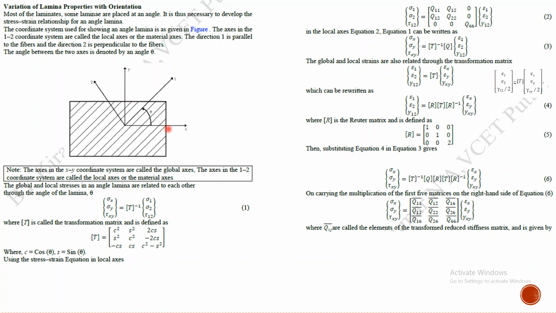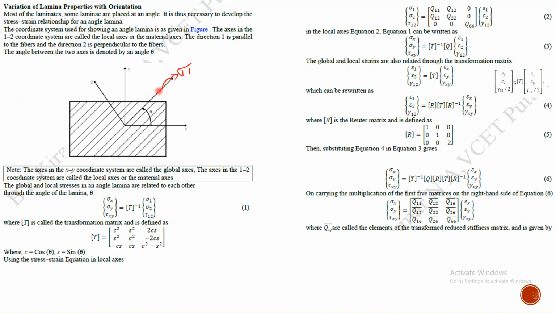Since, as I said, I want to calculate the stresses and strains in the x and y directions, that is the global coordinate system, what I am going to do is transform the respective stresses. Say I will only take sigma 1 right now. I know that sigma 1 is in this direction. This is a vector, you know that.